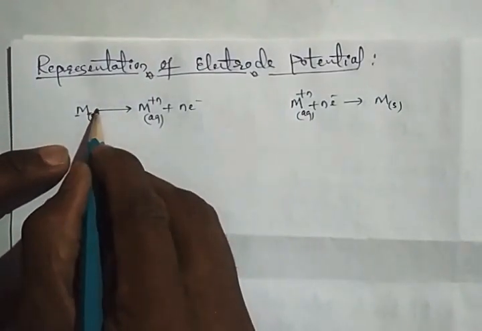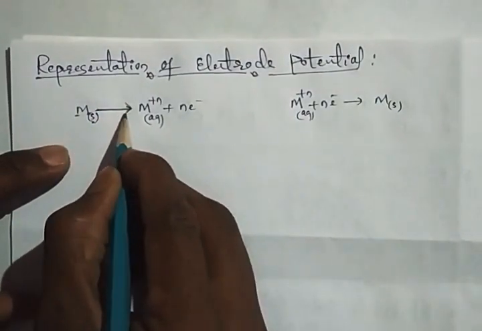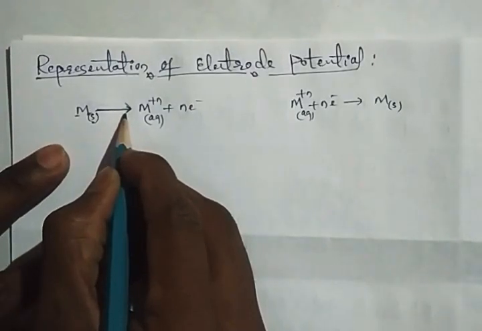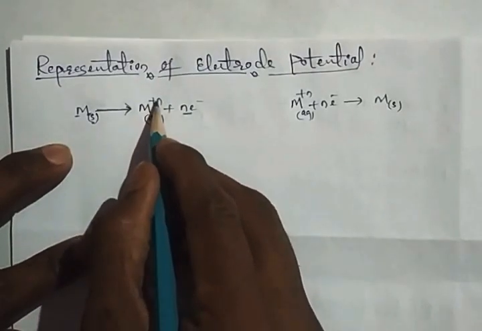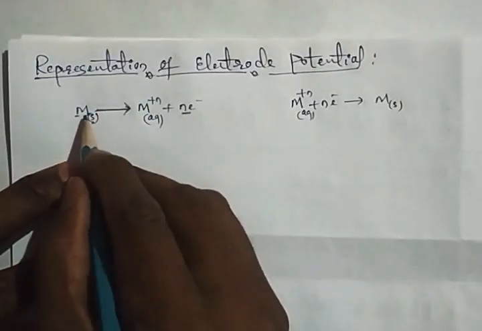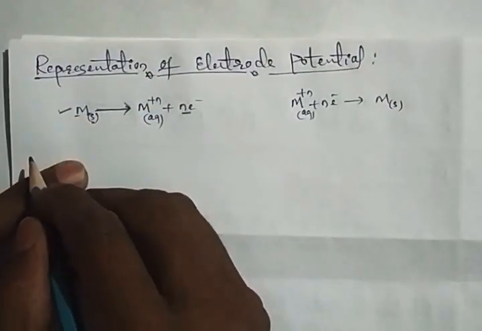If it has a tendency to undergo oxidation, oxidation is nothing but loss of electrons. N number of electrons are lost, so plus n electrons, as this metal M undergoes oxidation.